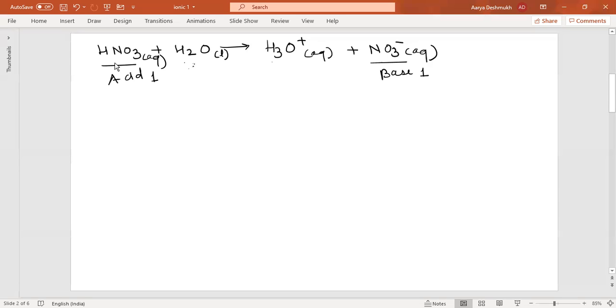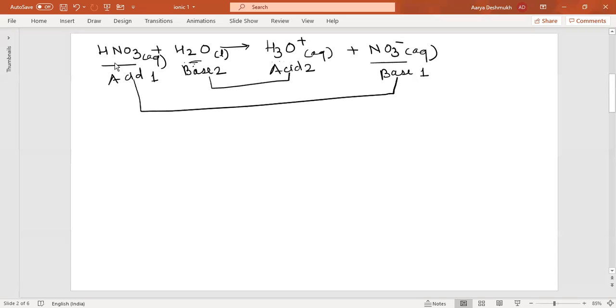On the right hand side, there is a hydronium ion. This hydronium ion can donate an H plus ion and be converted into H2O. So this is a proton acceptor species. You can write here base 2, and this will be your acid 2. So these two are the conjugate acid-base pairs.